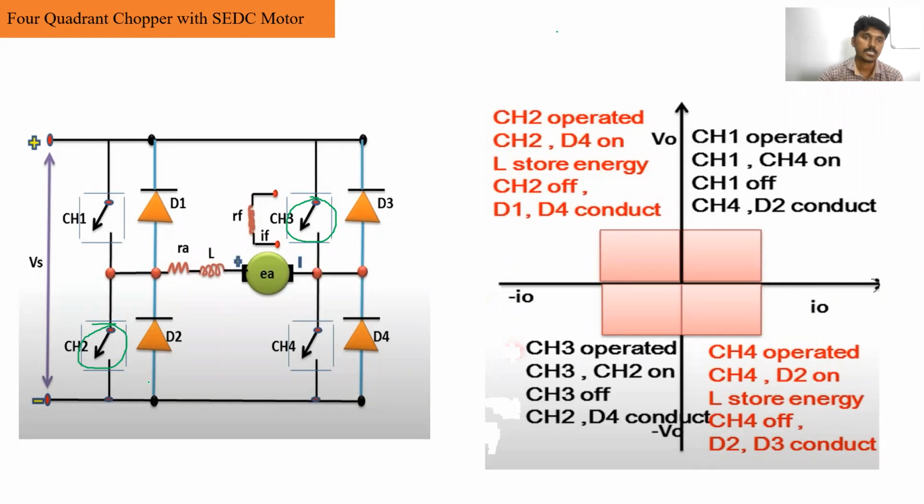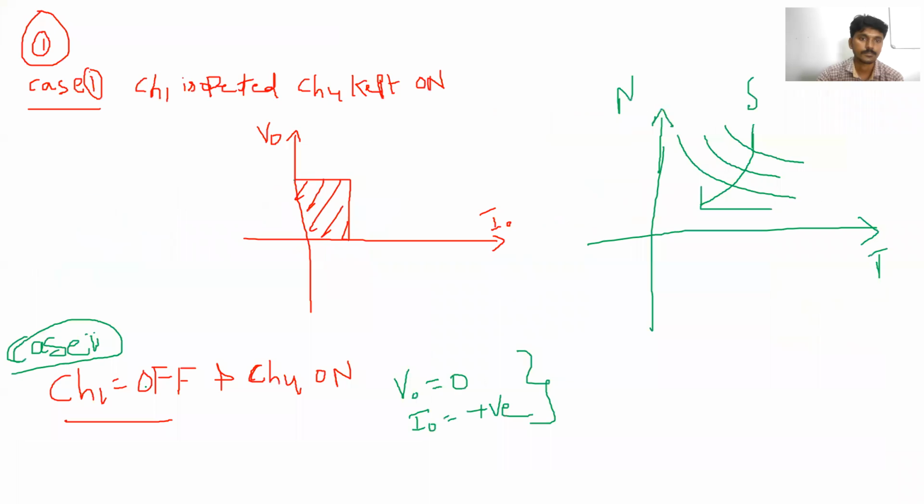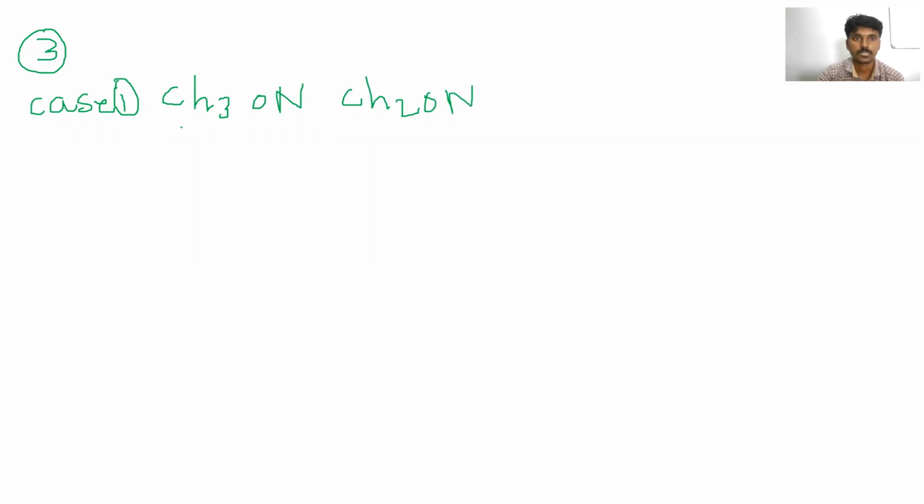In the first case of the third mode, CS3 is on and CS2 is also on.